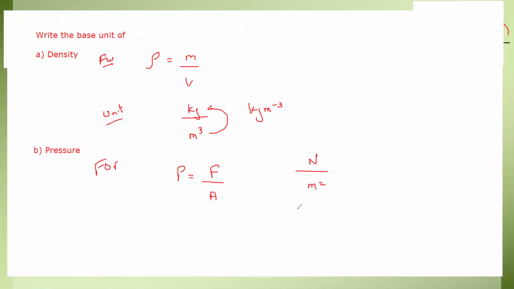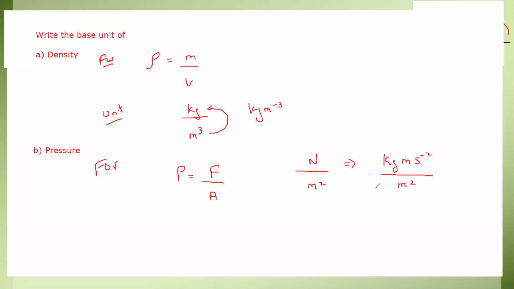So Newton per meter square. But Newton itself is equal to kilogram meter second minus 2, because the Newton, in base units, is kilogram meter second minus 2. And divided by meter square.